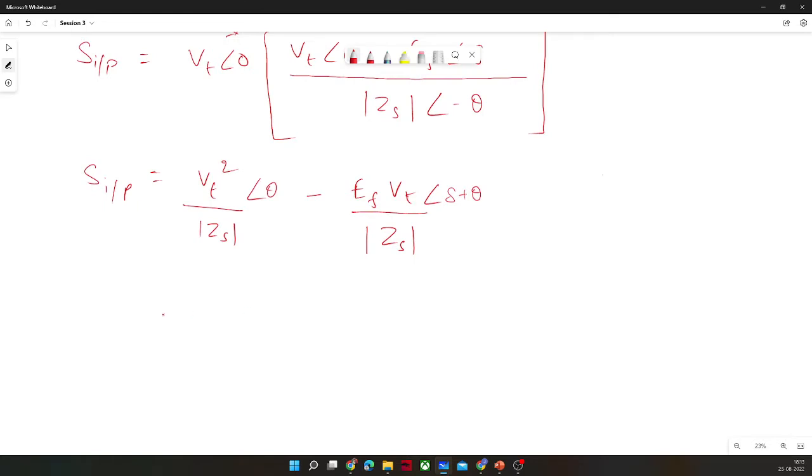Now, to convert it into input power plus input reactive power, I just have to break these complex angles into cosine and sine. If I multiply it with cosine, it will become real input power, and if I multiply it with sine, then it will be reactive input power. So first I will calculate real input power.